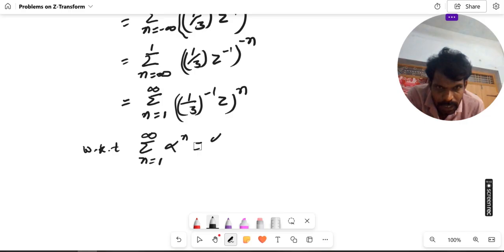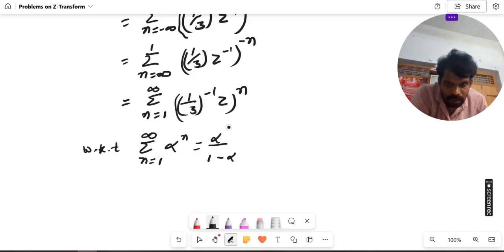In the previous example, where n ranged from 0 to infinity, the summation of alpha power n is equal to 1 by 1 minus alpha.